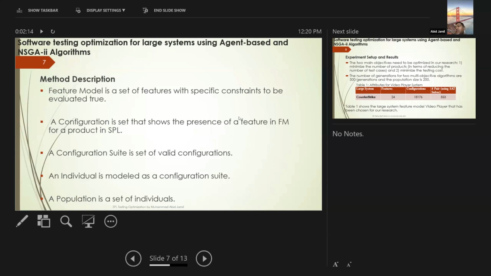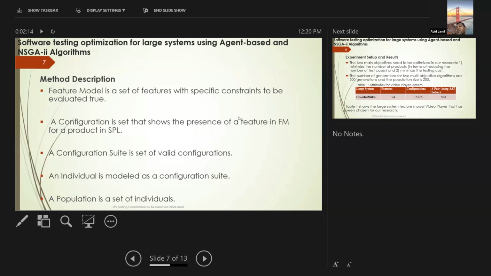Each set of features makes one product of a mobile. Similarly, if we configure different features, we have different numbers of mobile products. We make these configurations, and we select which are valid configurations and which are not valid.